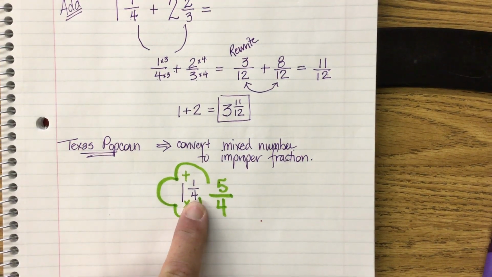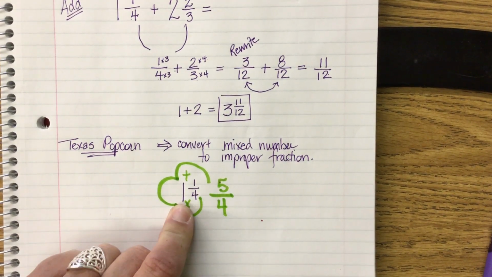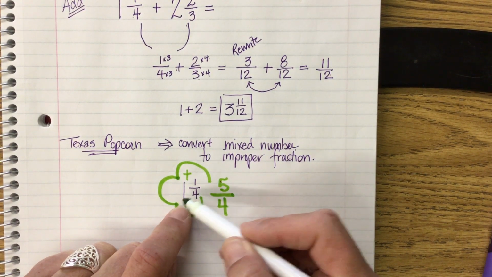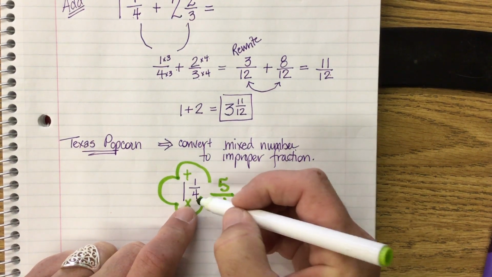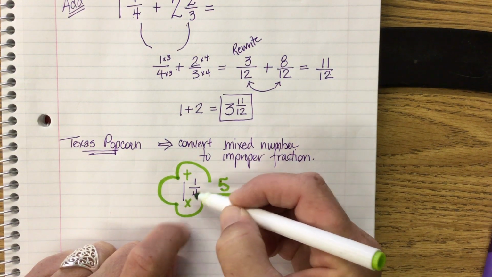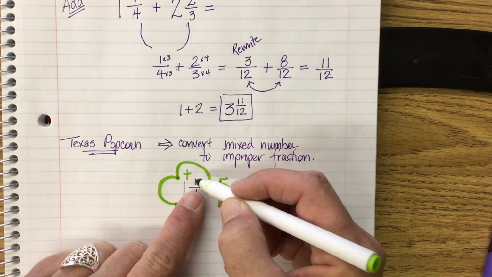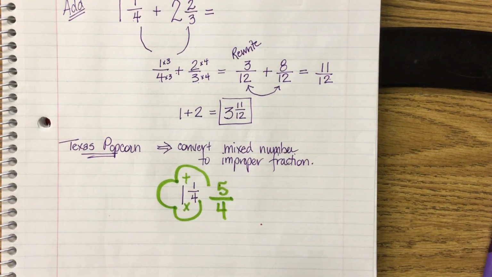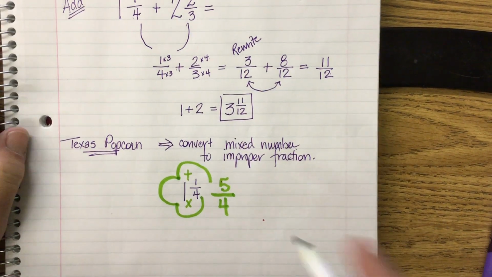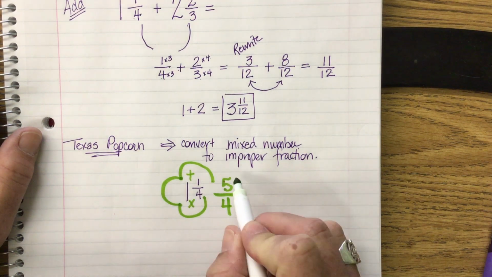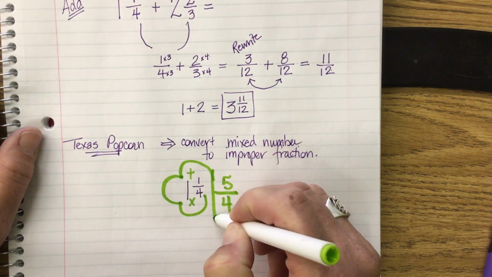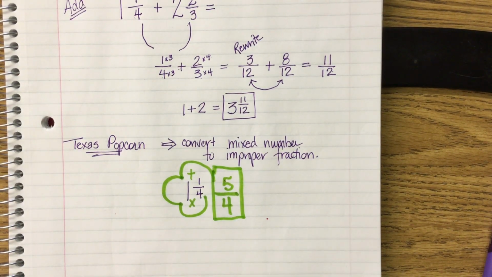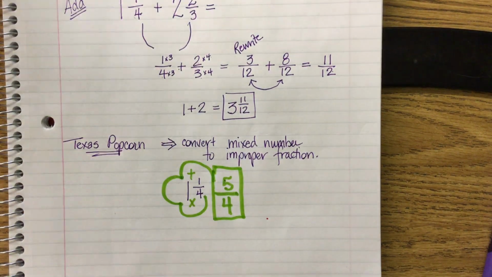So really what we're doing is we're changing this 1, that whole number, into a fraction by 4/4, which is why I did the multiplying here, but I add the numerator, because I have 5 parts, I have 5 quarter parts. Okay? So that is Texas popcorn if you need to change it to an improper fraction. Okay? All right, so let's look at a problem.